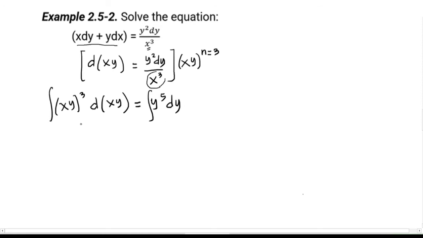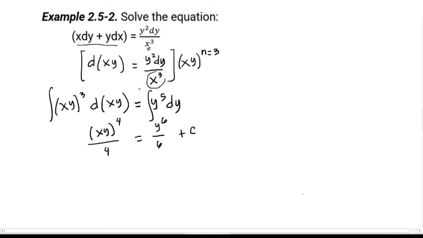The answer for the left side is xy raised to 3 plus 1 is 4 over 4. This is using the power formula. Use also the power formula on the right side. That is y, 5 plus 1 is 6 over 6, then plus c.